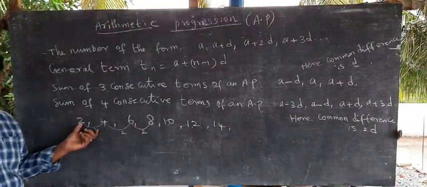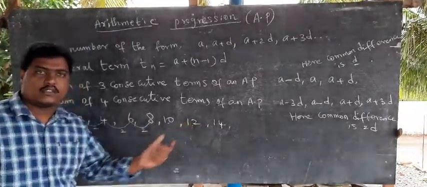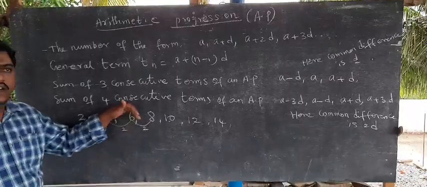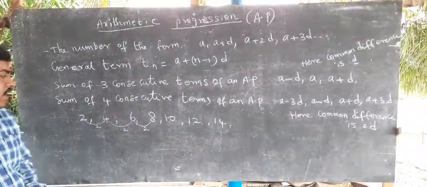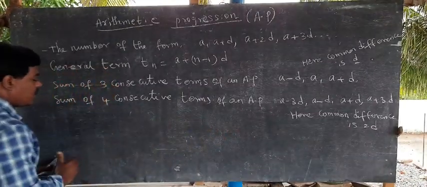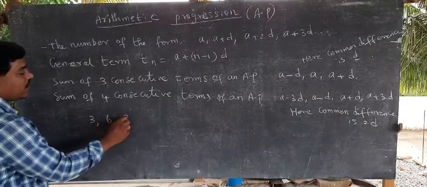This heading itself is sequence and series. So this is one consecutive sequence: 2, then 4, then 6, then 8, 10, like this. And suppose we have 3, 6, 9.